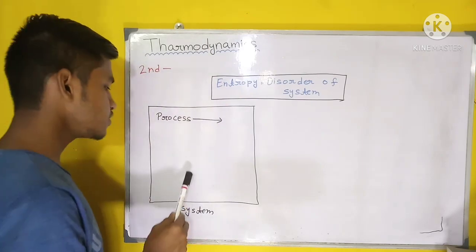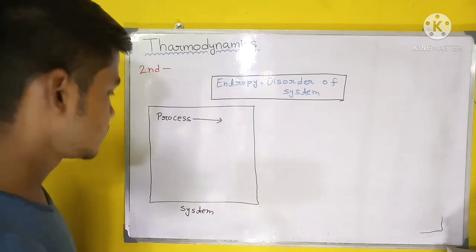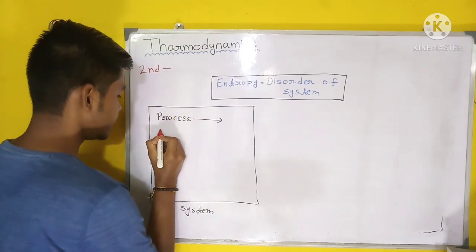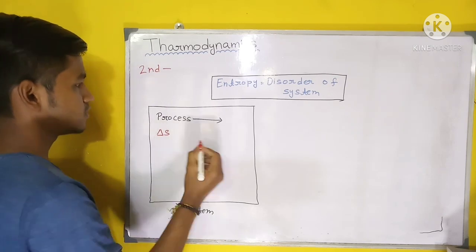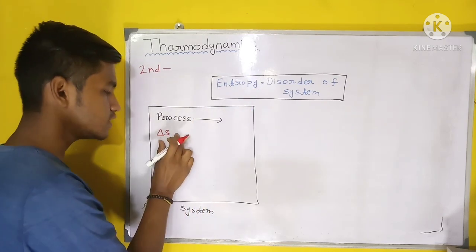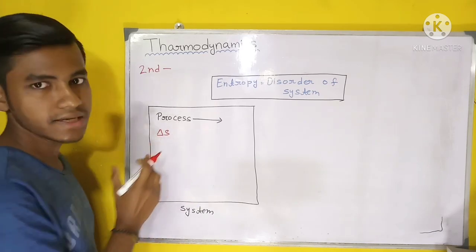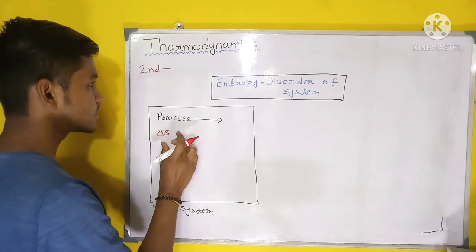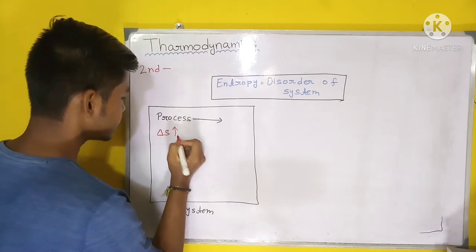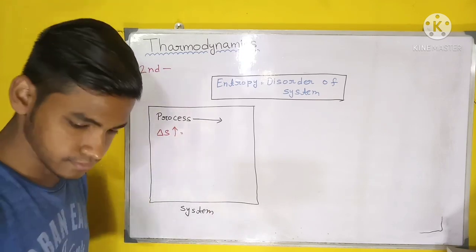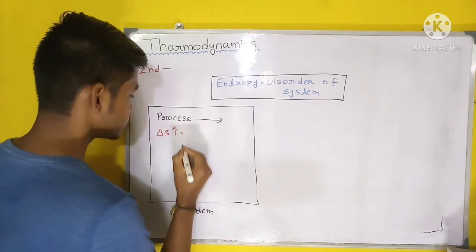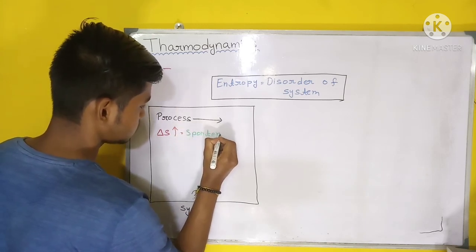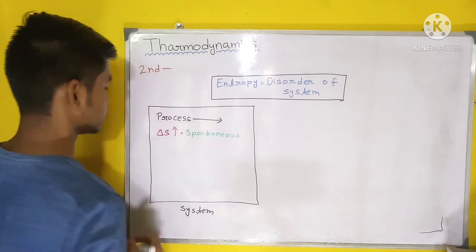But a process is going on in a system, and in this case, del S denotes entropy. So del S is the entropy. If a process is going on in a system and del S, the entropy, increases, that means this process will be spontaneous.